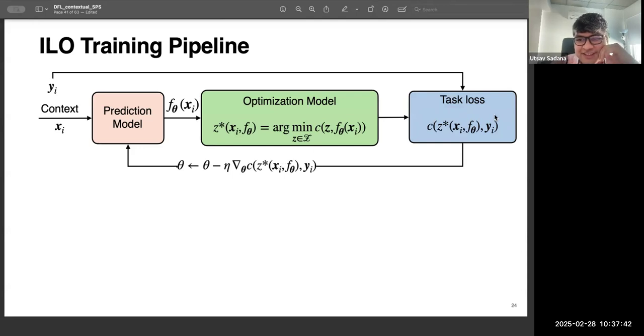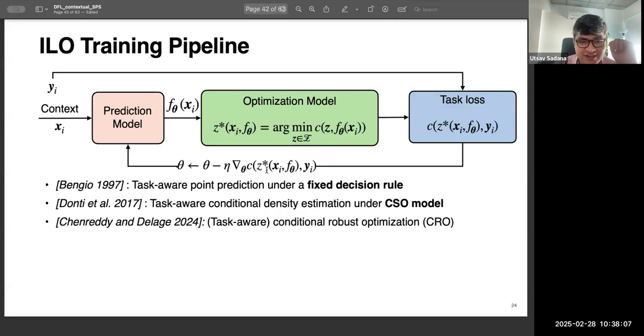Note here, to take the gradient of this cost with respect to theta, you need to take the gradient of this z star with respect to theta. Now, this z star here is coming from this argmin operation. So it is not differentiable in general, right? This argmin operation is not differentiable. And we will see how to basically take gradients of this z star with respect to theta very shortly.